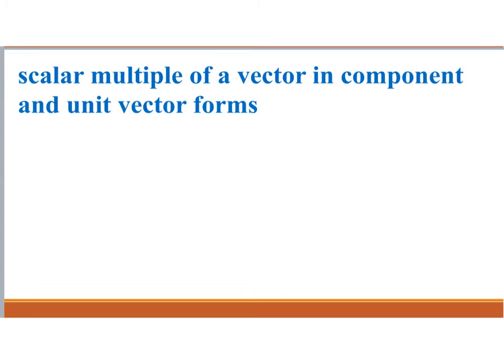To get the scalar multiple of a vector in component form or in unit vector form, we simply multiply each of the components by the scalar multiplier.